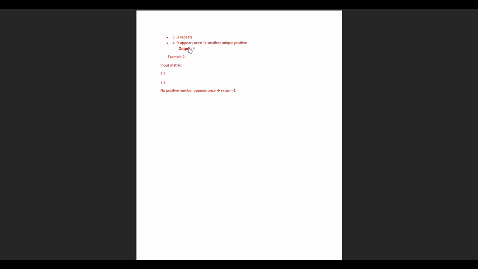If a negative number is included in the given matrix, for example, if there is a -1 instead of 2 over here at the 0 by 0 position, then we have to ignore that -1 and traverse the remaining elements, because -1 is less than 0, but we have to print a minimum element which is greater than 0 and unique. If the element repeats, then we have to print the next minimum element that is unique.